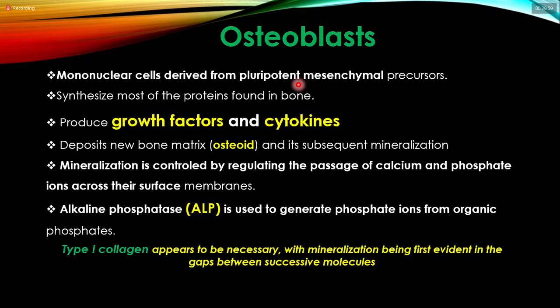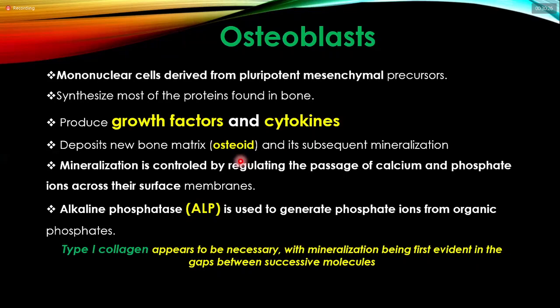And these cells are in fact responsible for the synthesis of many things. First, the proteins that make up the bone, like collagen, as well as growth factors and certain cytokines that are responsible for signaling inside the bone in order to have activation of certain pathways, as well as deposition of the bone components. So they are responsible for the formation of the bone and formation of what's called osteoid.